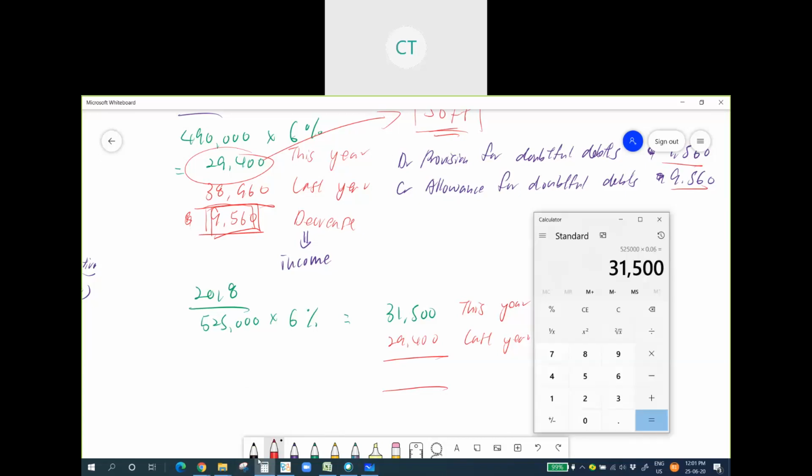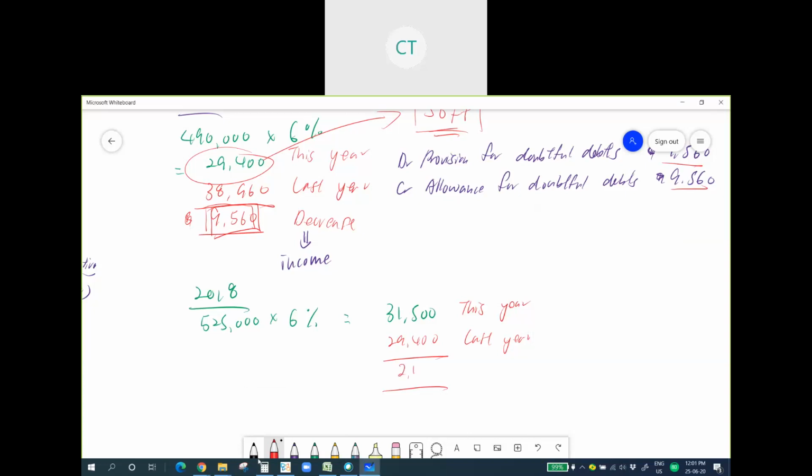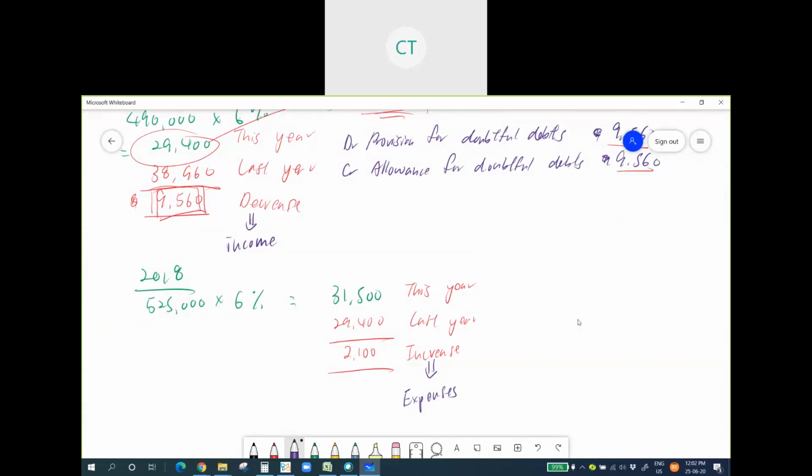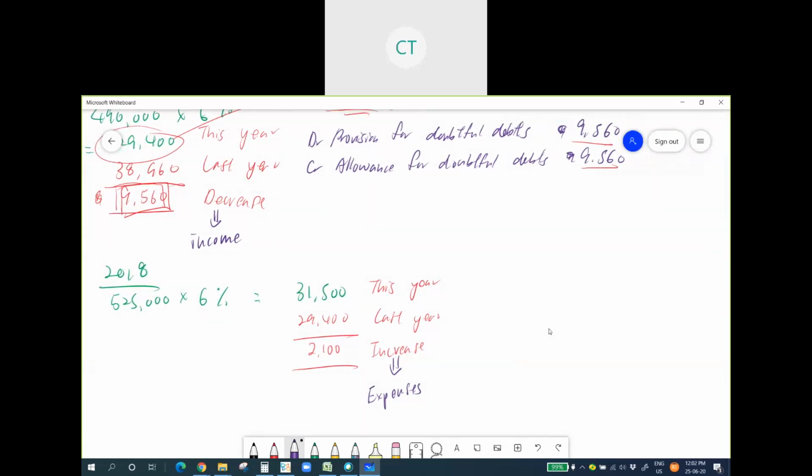Increase, 31500 minus 29400, so it's 2100. And we know compared to last year, our provision for doubtful debts increased. So when your provision for doubtful debts increases, this is your expense, because we foresee more bad debts in future, and bad debt is our expense.